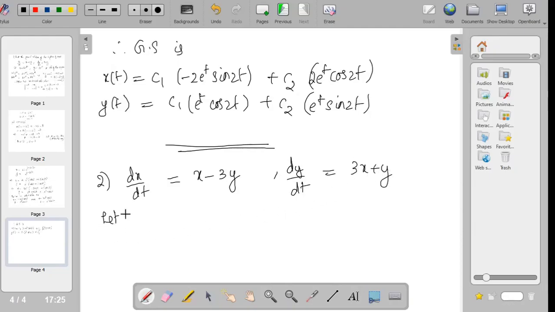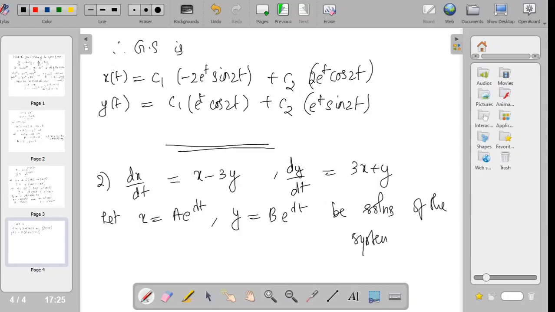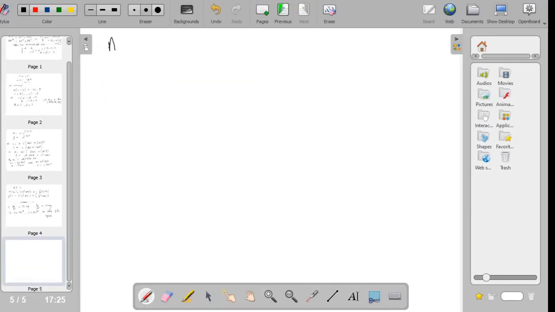So again let x equal to a e raised to lambda t and y equal to b e raised to lambda t be a solution of the system. So therefore it will satisfy the system. So you will get a lambda e raised to lambda t equal to a e raised to lambda t minus 3 b e raised to lambda t.